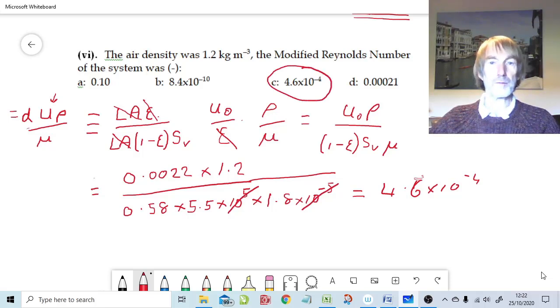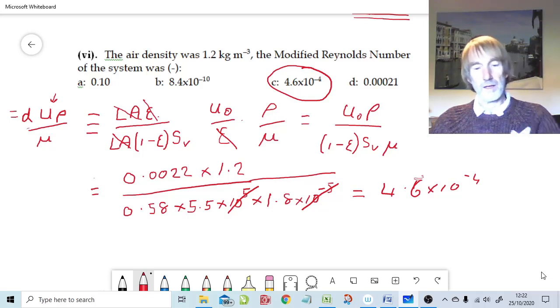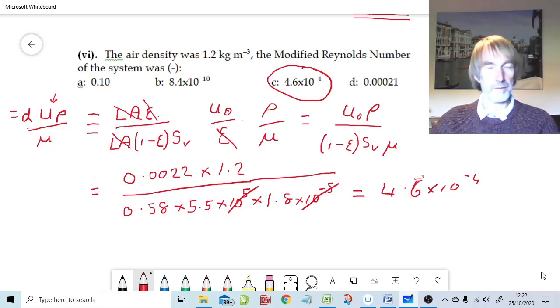Now the threshold for modified Reynolds number, what's the magic threshold we're looking for? We use a value of around about 2000 for flow Reynolds number, and it's not a step change. We just say that below 2000 there are insignificant turbulences to worry about. As you go above 2000 there are more and more turbulences present.